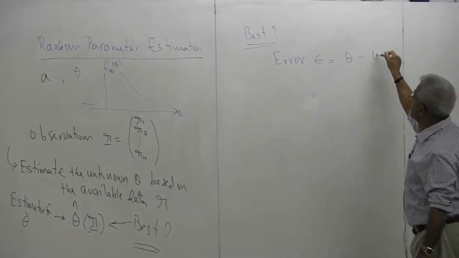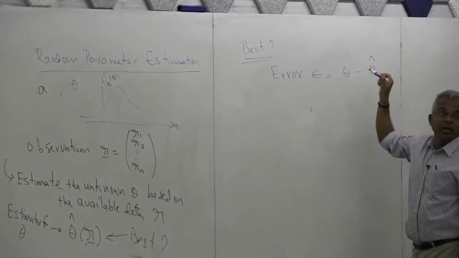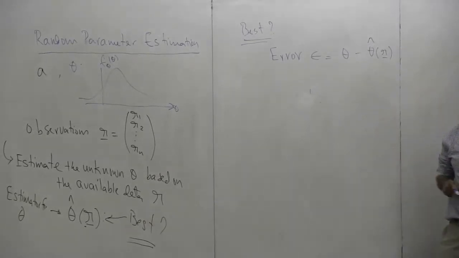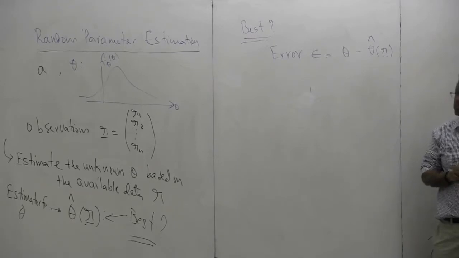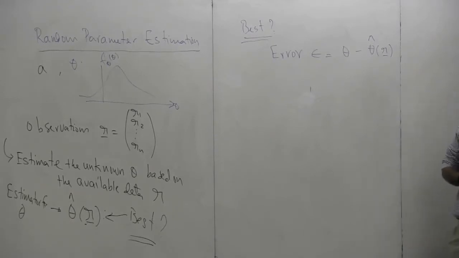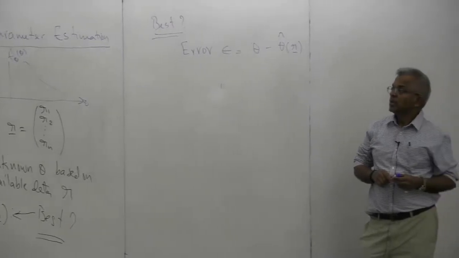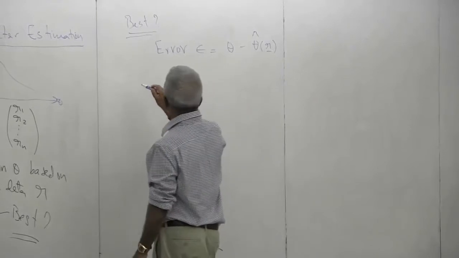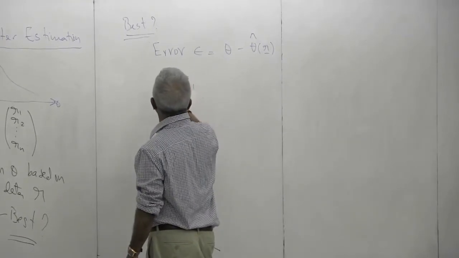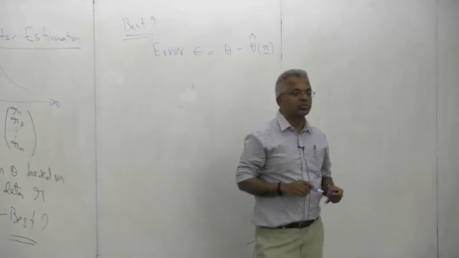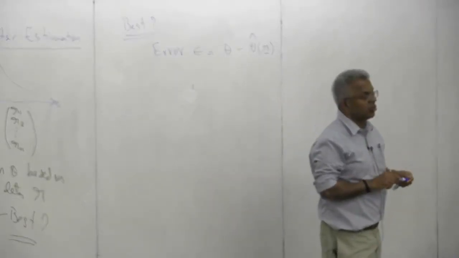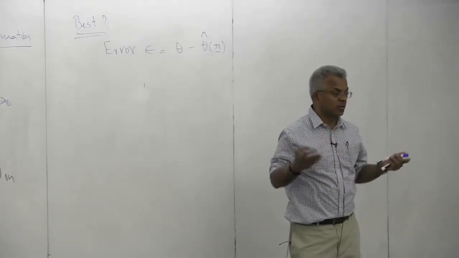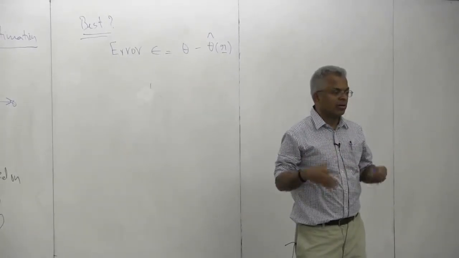Error is the difference between your unknown and the estimator. Then you can generate a function using the error. Generally, it is a cost function. So error, of course, you do want to minimize, or a function of error.